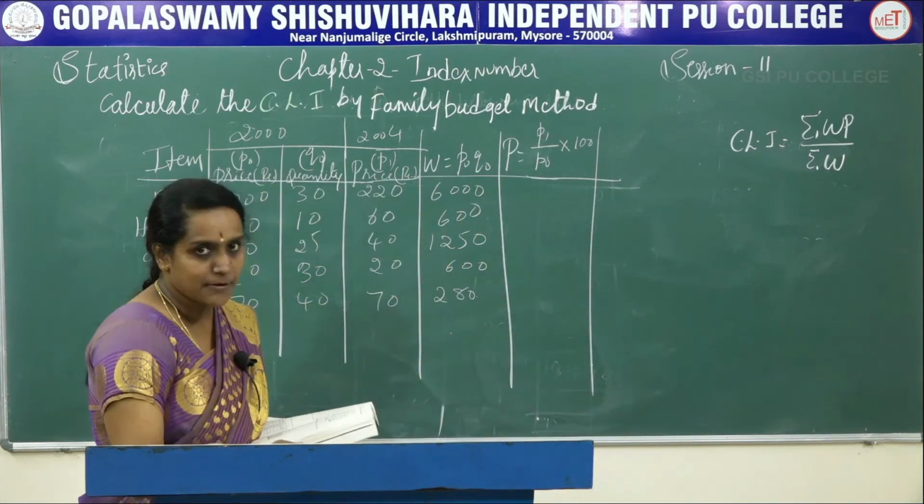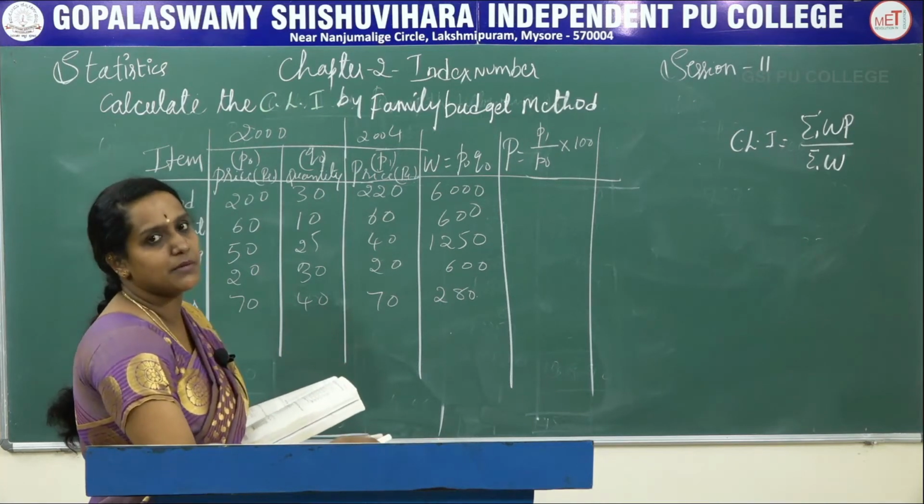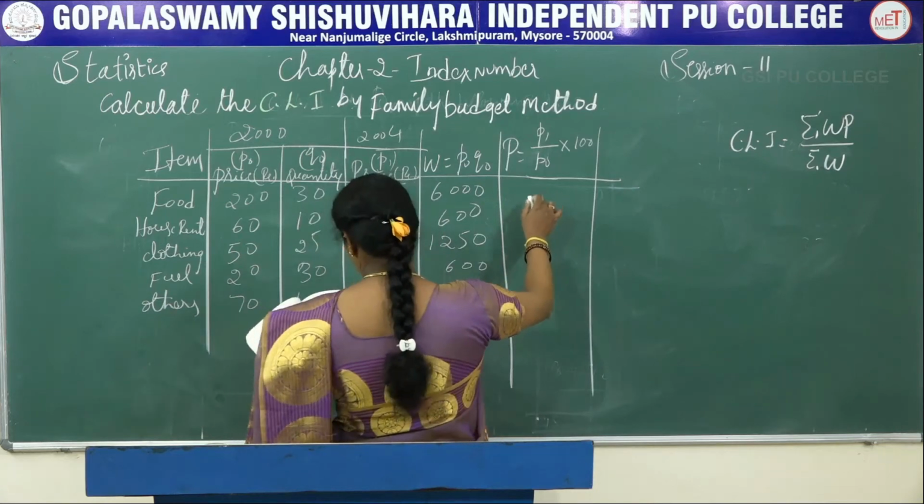After finding the W, we have to find the price relative, capital P, that is P1 by P naught into 100.